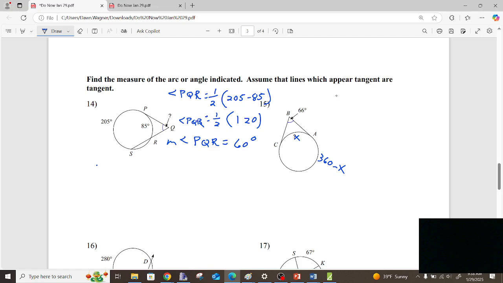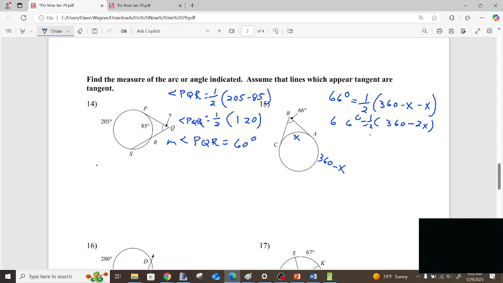So now I'm going to apply the formula. So I have 66 degrees has to equal 1/2 of 360 minus X again. And I'm going to combine my like terms in the parentheses. How many minus X's do I have? Yep, so negative 2X. Oh, I forgot my 1/2. 66 degrees.